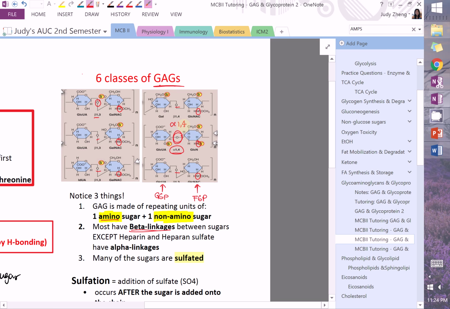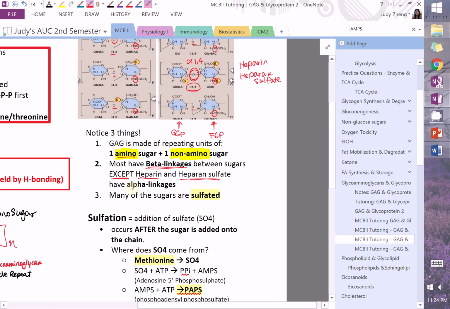So just to be aware, this is the only exception: heparin or heparan sulfate. These are the only exceptions, and they have the alpha linkage instead of the beta.